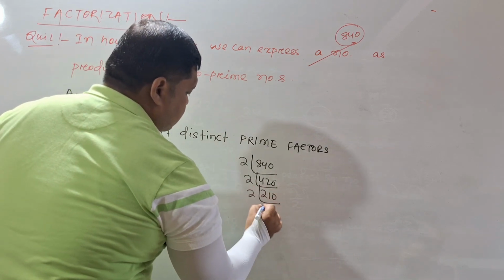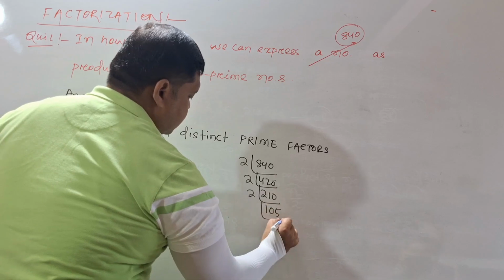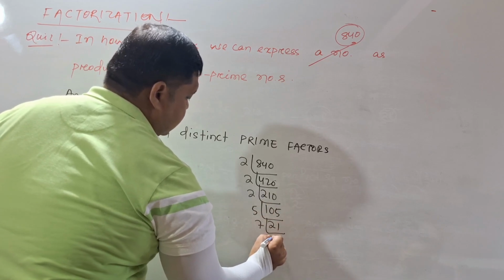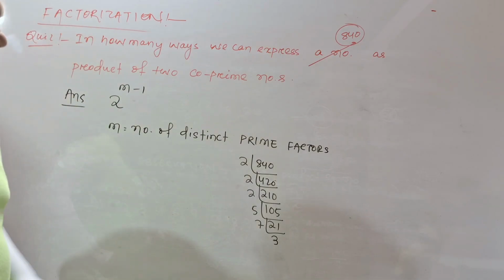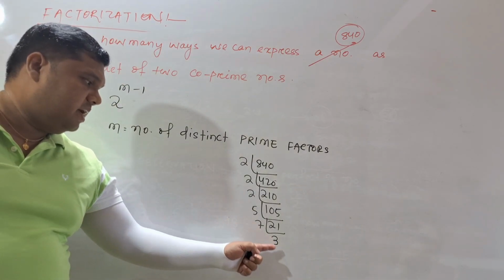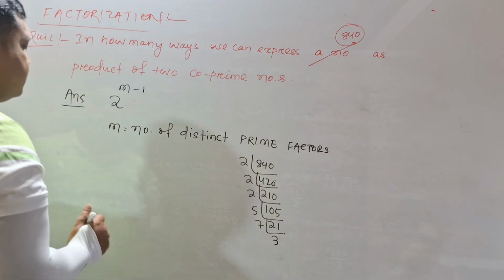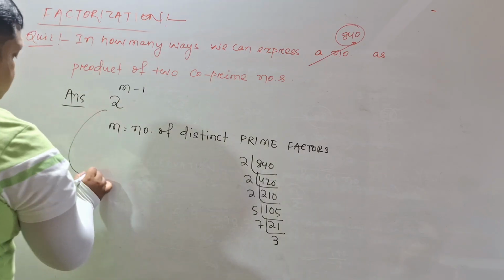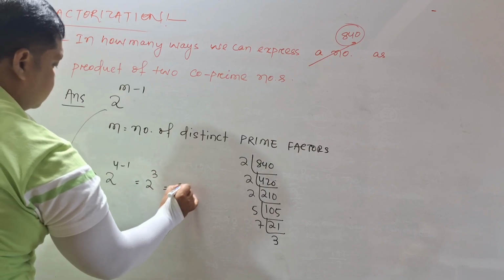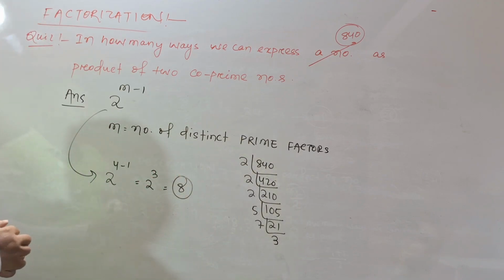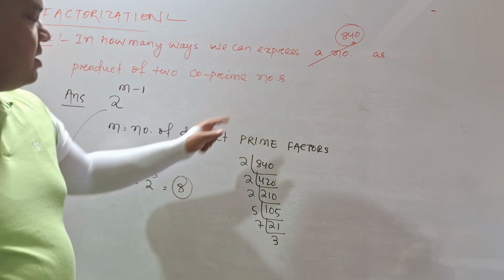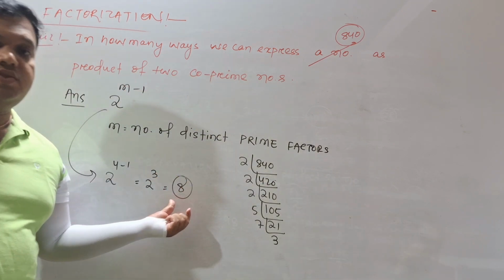Again divided by 2, I get 105. Divided by 5, this is 21. Divided by 7, I get 3. So the distinct prime factors are 2, 5, 7 and 3. 4 distinct prime factors are there. So the answer is 2 to the power 4 minus 1, this is 2 cube, so 8. In how many ways can we express 840 as a product of two co-prime numbers? The answer is 8 ways.